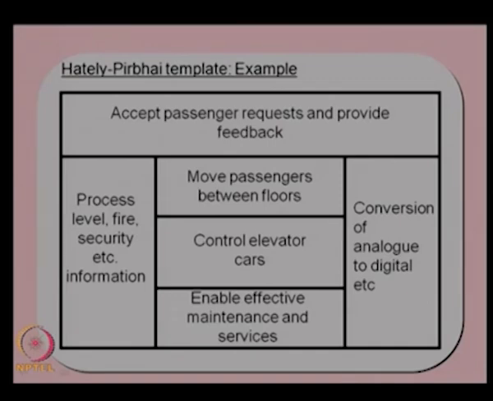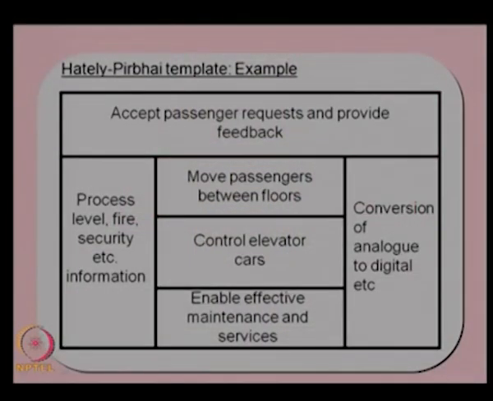Now, these are only the level 1 functions. We need to actually divide these functions again into sub functions. If you look at accept passenger request and provide feedback, this can be considered as one function which can be further subdivided, or you take control elevator car, which again can be subdivided into sub functions. So, how do we do this?